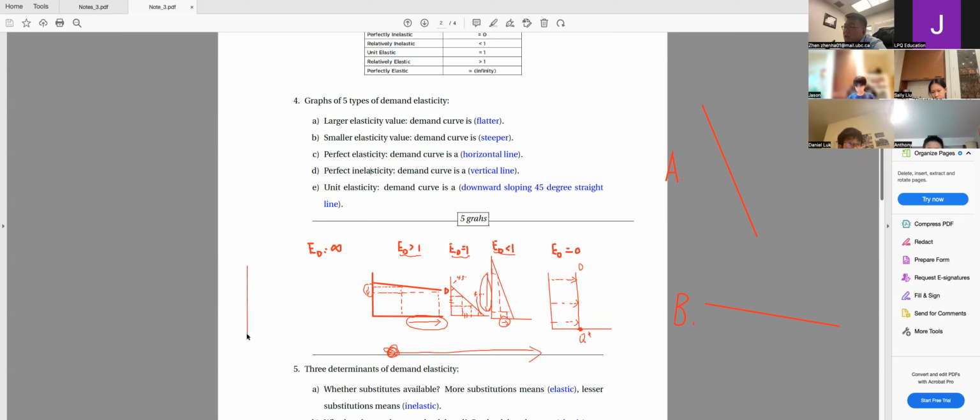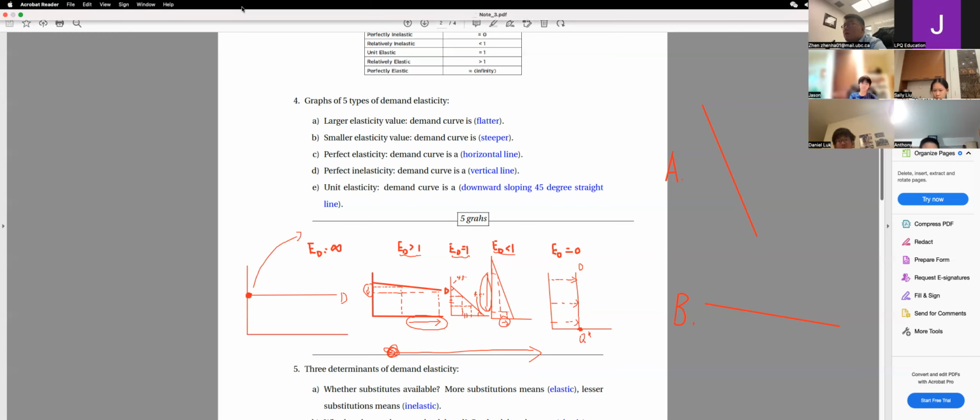Finally, the left-hand side one. This time the demand curve is totally a horizontal line, and this intersection here is very meaningful. Let's add one more label.